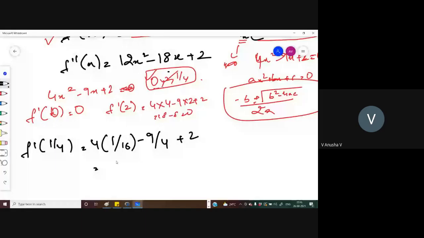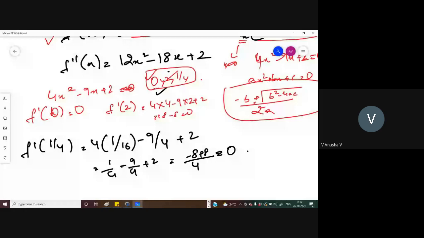Next, f'(1 by 4): 4 into 1 by 16 minus 9 by 4 plus 2. So I'll be getting 1 by 4 minus 9 by 4 plus 2. Once I solve this, I'll be getting minus 8 plus 8, so it will be 0 only. So these three will be your stationary points.